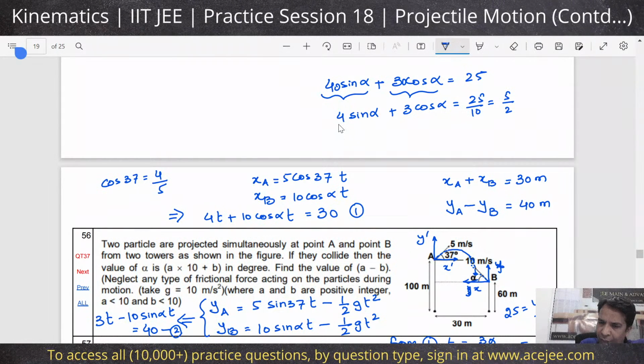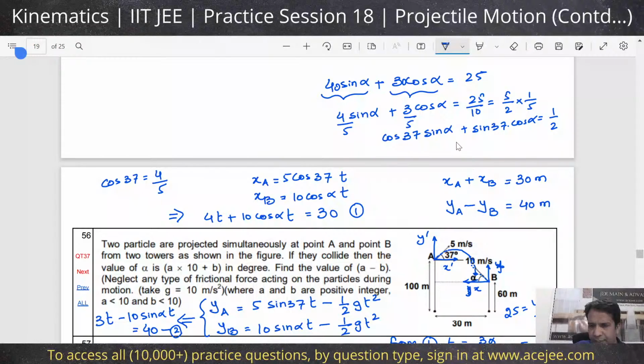Now, if you were to divide by 5 on all the sides, you can write this as, let's say, cos of 37 sine alpha, and that would become a sine expression.